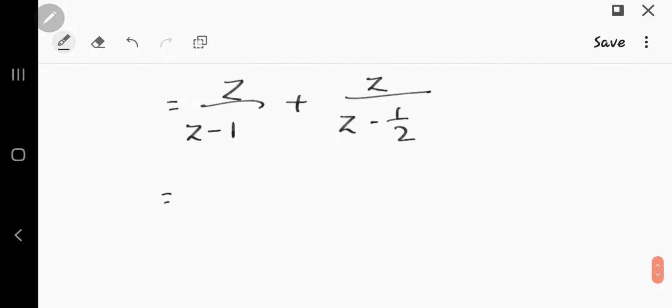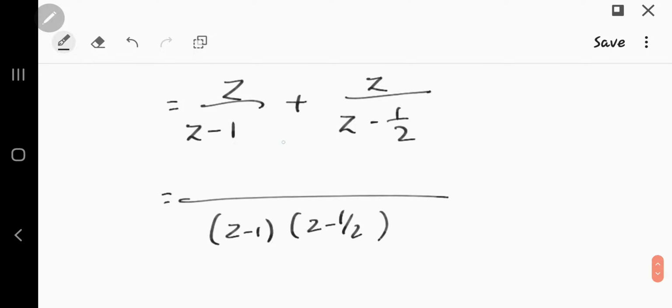If we take the LCM, z minus 1, z minus 1 by 2. So this is just a simple simplification process, plus z into z minus 1.